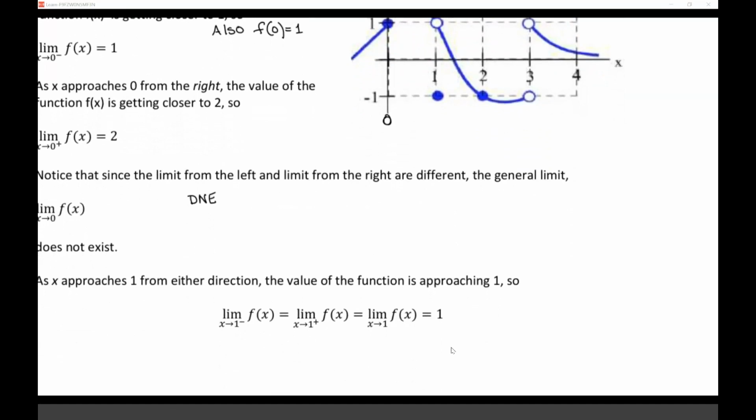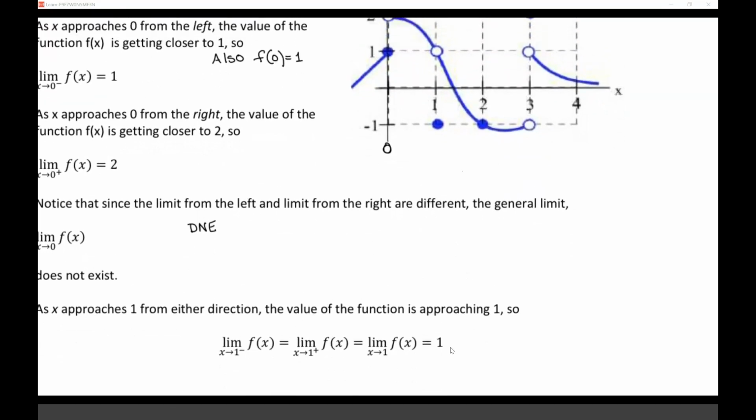So I can say the limit as x approaches 1 is 1. Now you can see the function value at x equals 1 is -1 because the dot is down here. So again, the point I'm making is limits and function values are different things, especially when you've got rational functions, piecewise functions.